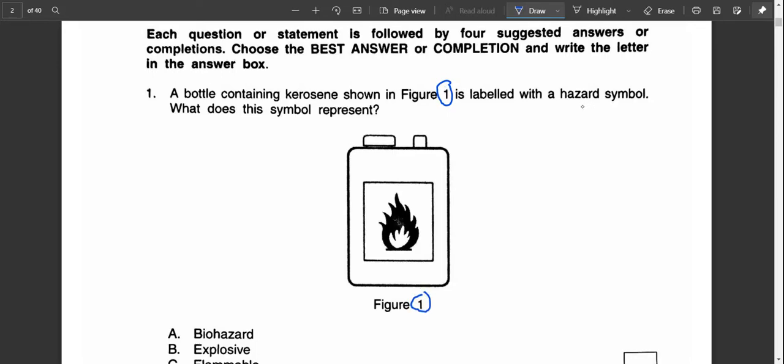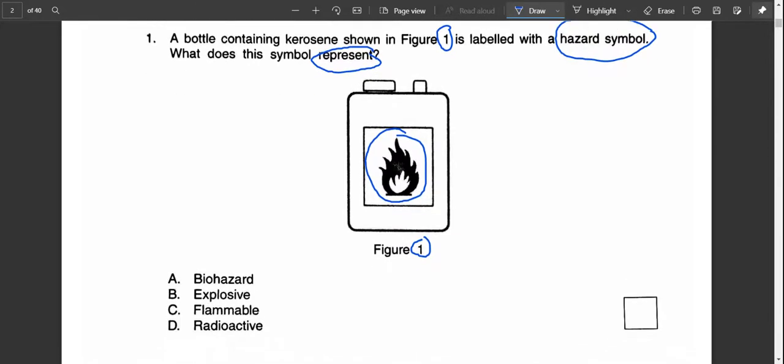The question is asking about the hazard symbol and what it represents. At the center of the bottle, you can see a symbol that looks like fire. Based on the choices, fire and flammable have the same meaning, therefore the answer is C.